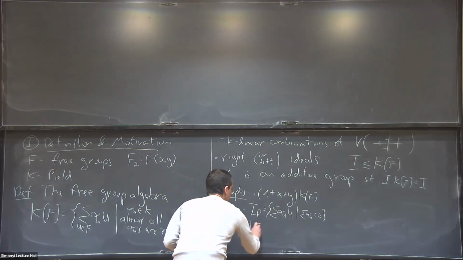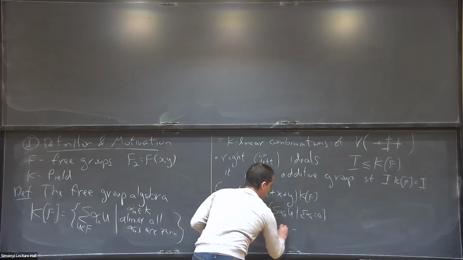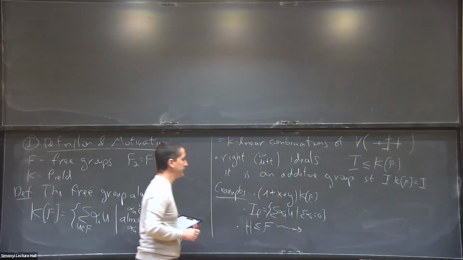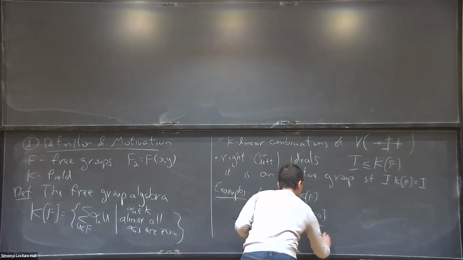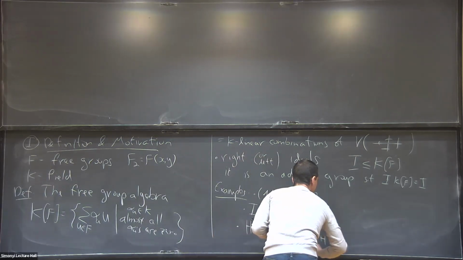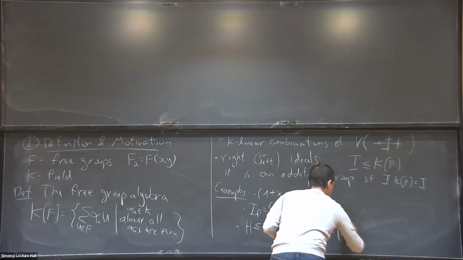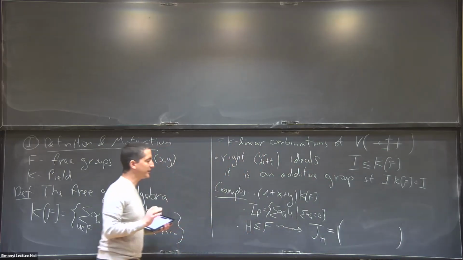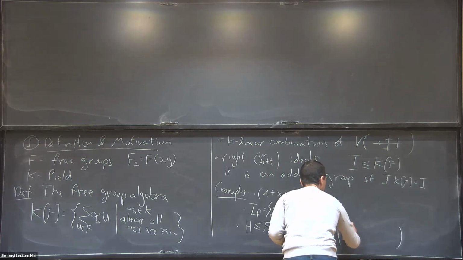For every subgroup H of the free group, there is an associated right ideal, which I will denote by J_H, which is generated by the set of all elements of the form h minus 1. I'm using these brackets to say that my ideal is generated by the set, the right ideal generated by the set.